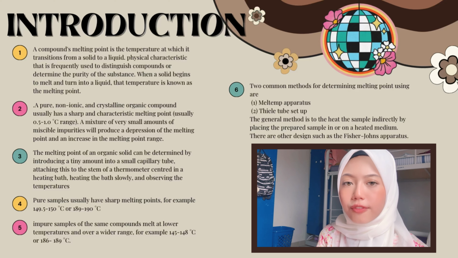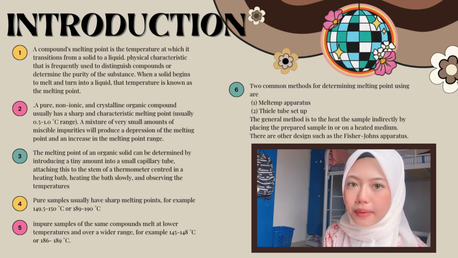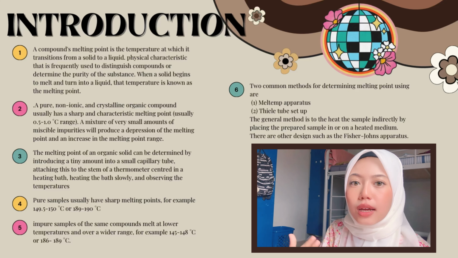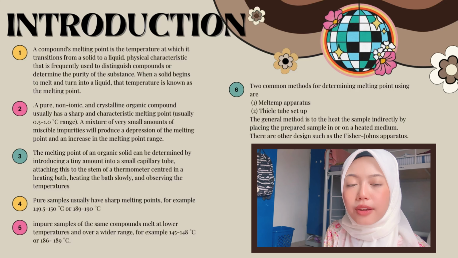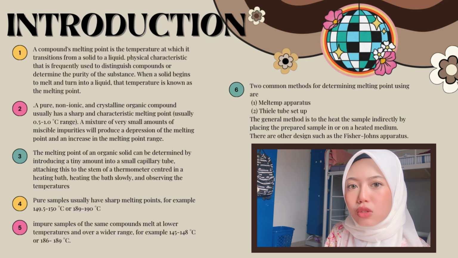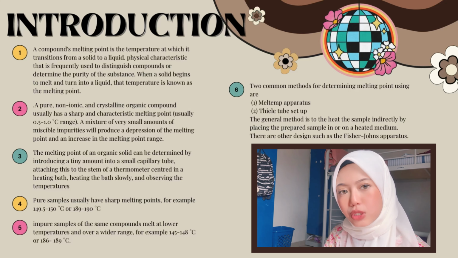A small amount of an organic solid can be placed in a capillary tube attached to the thermometer stem and heated slowly to measure the temperature at which melting starts and finishes. This method can also be used to estimate the melting point of other solids.